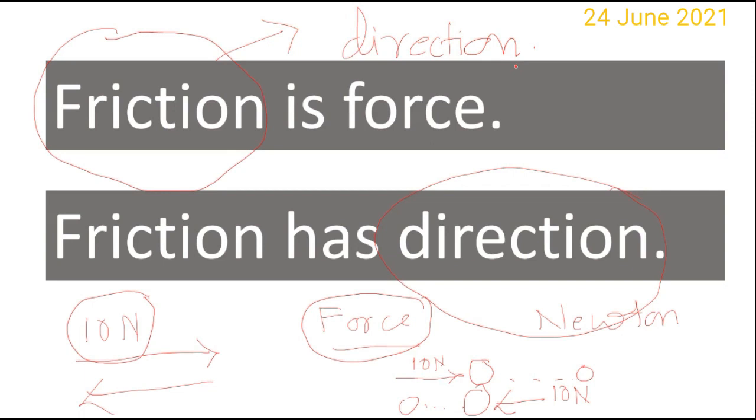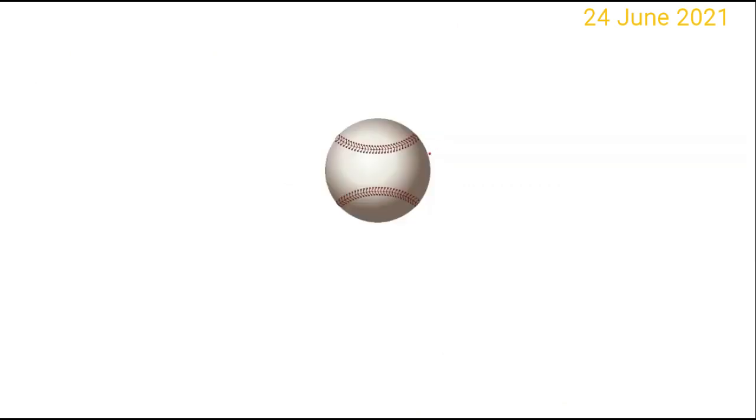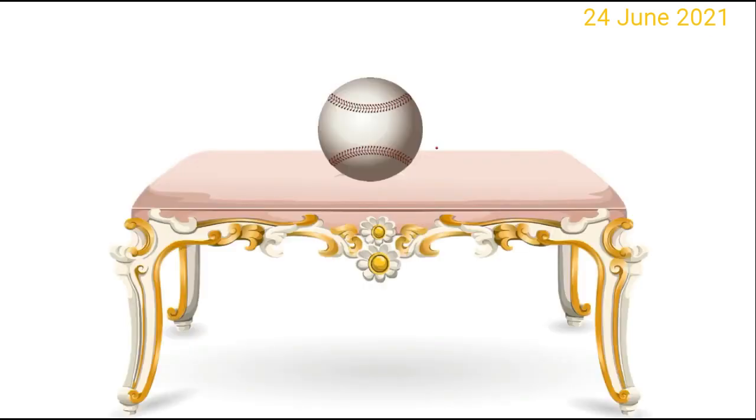But wait a minute, when does friction exist? Let's say we have taken a ball and we keep that ball on the table. The moment ball is placed on the table, there is contact between ball and the table.